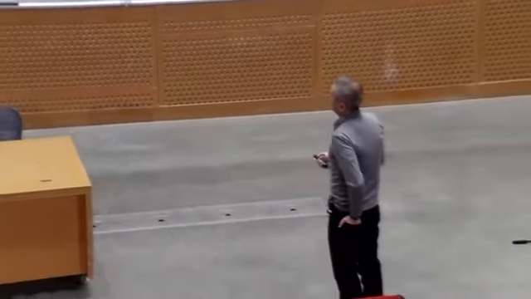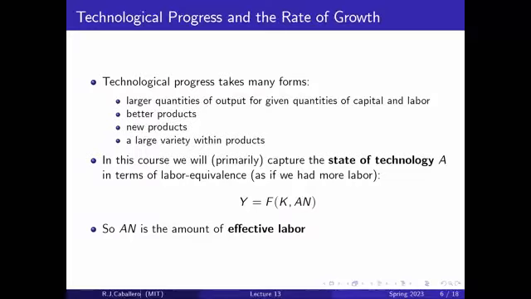And then we added technological progress, which we model as enhancing labor. So having a better technology is as if you had more workers. So for any given level of workers, having a better technology, we model it as having more workers. Okay? And you can model it exactly that way.